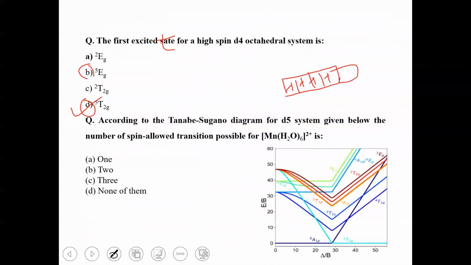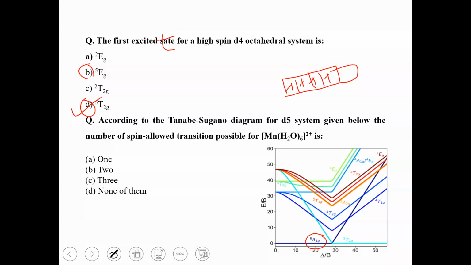The next one, here is the Tanabe-Sugano diagram for a d5 system. You have to identify the spin allowed transitions for this d5 system. For d5 systems, the ground state is 6A1g.